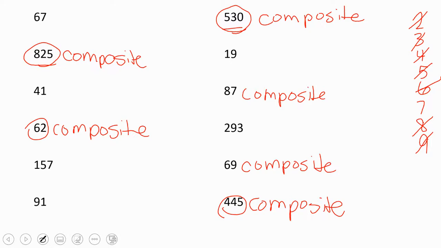All right, so 67, if I tried to divide that by 7, you should know your multiples of 7 up through at least 77, right? So 67 is not one of those multiples. So that's actually prime. 41, again, you should know your multiples of 7 up through 77. It is not a multiple of 7, so that is prime. 157.